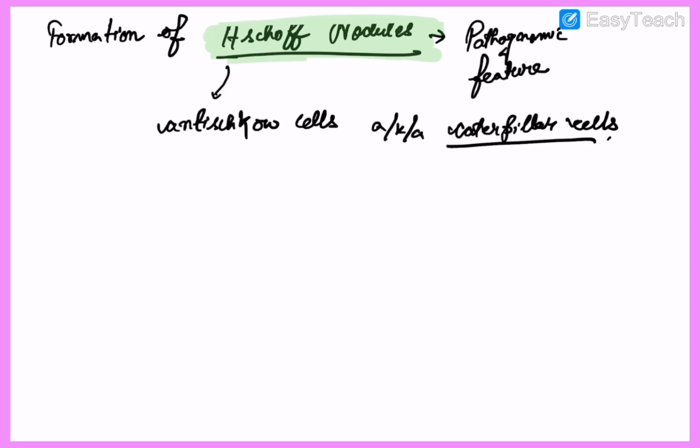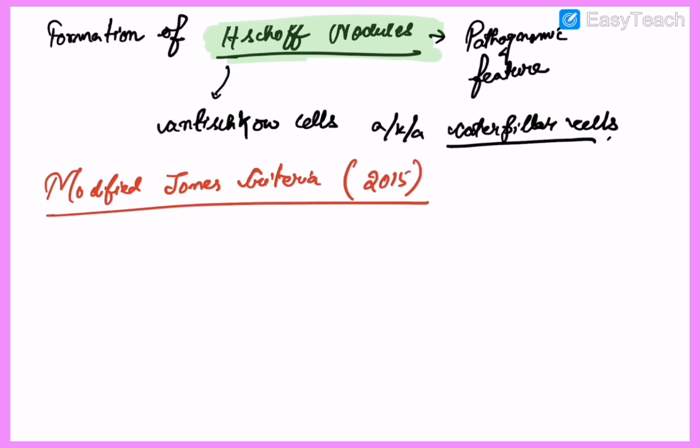Now, under the modified Jones criteria, updated in 2015, we divide into major and minor criteria.